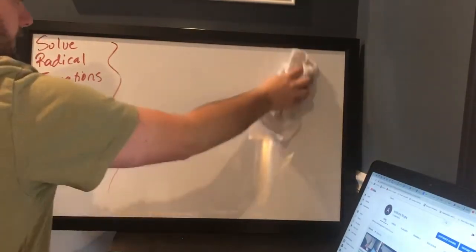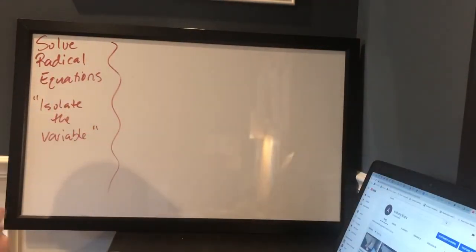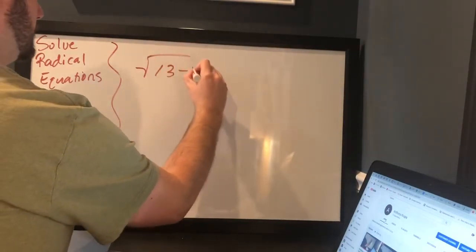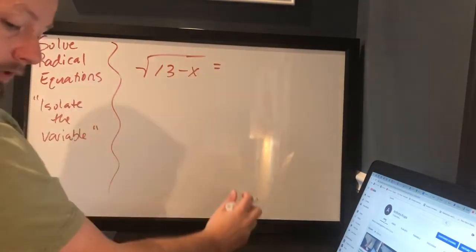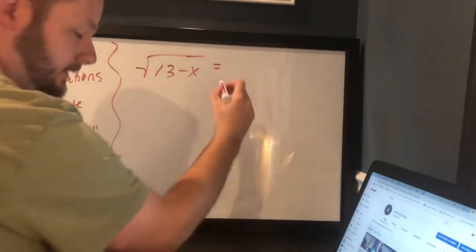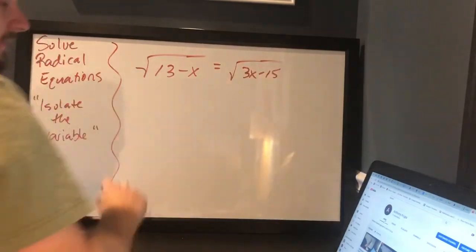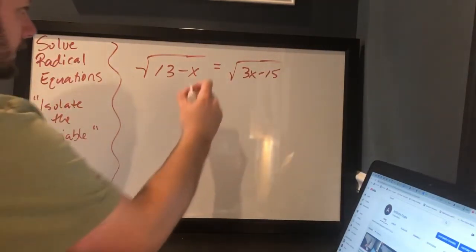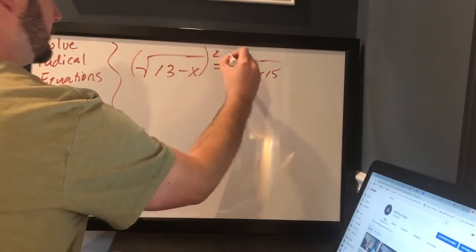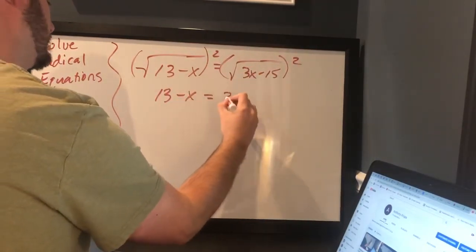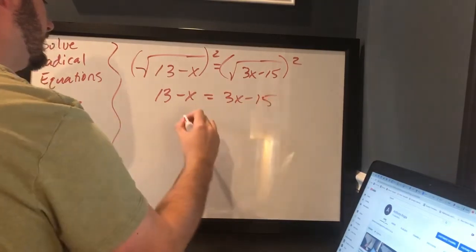The last example we're going to go over, and then you can get started on your assignments, is 13 minus x equals the square root of 3x minus 15, with the 3x inside the radical. Again, we're going to square both sides. 13 minus x equals 3x minus 15.